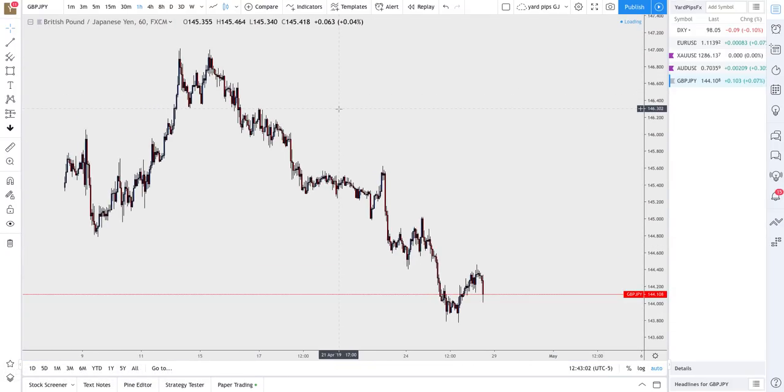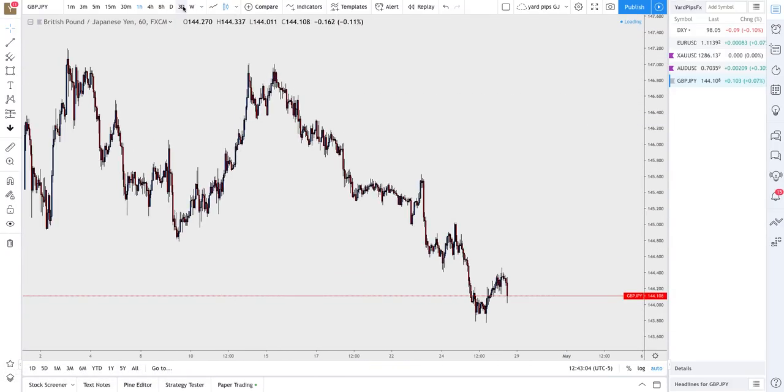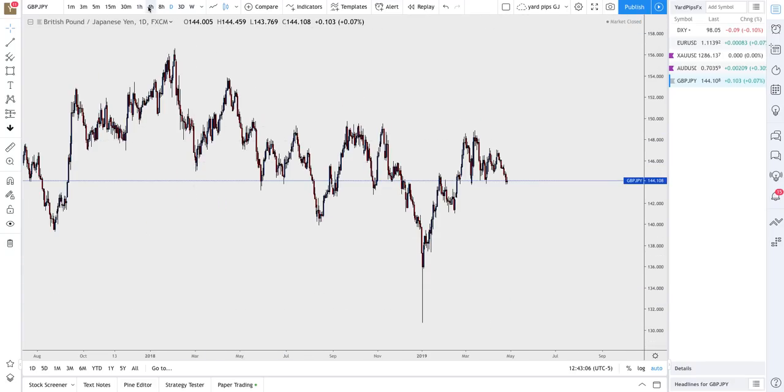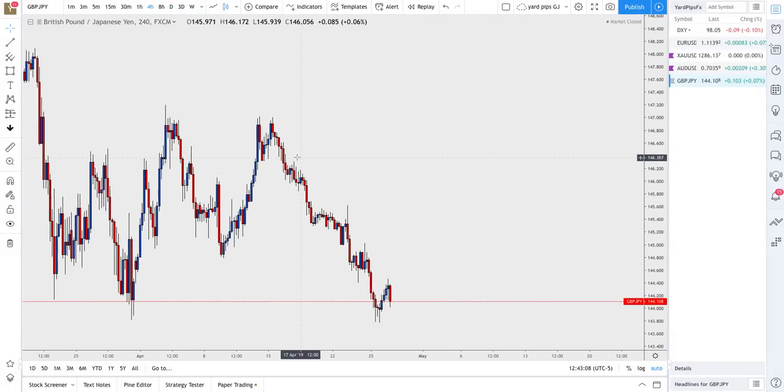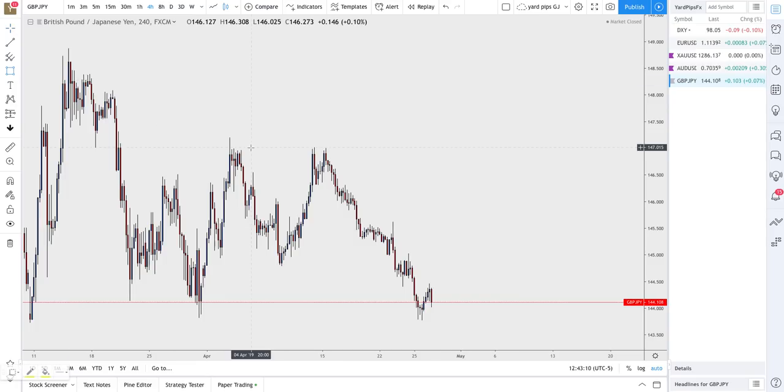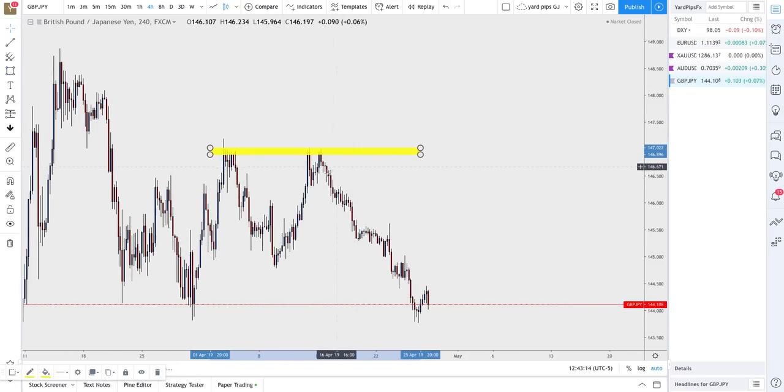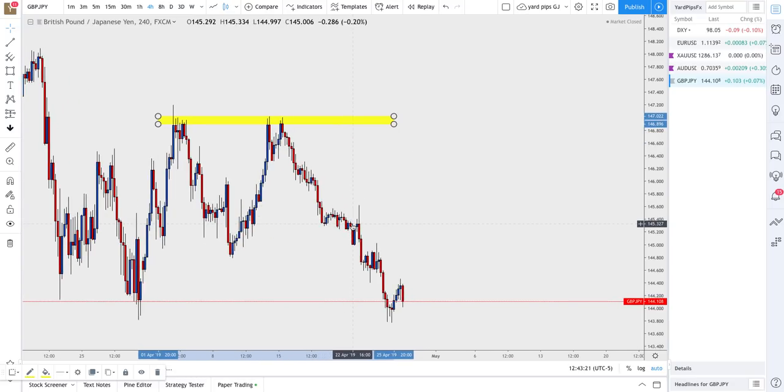GBP JPY has been melting off this H4 level of resistance. I remember in the second Backtest Fridays I spoke about this level. This level has been pain. The only trades to capitalize on GBP JPY are just simple break and retests on the H1.